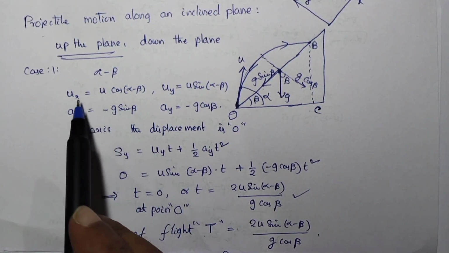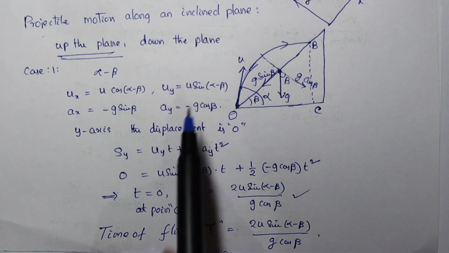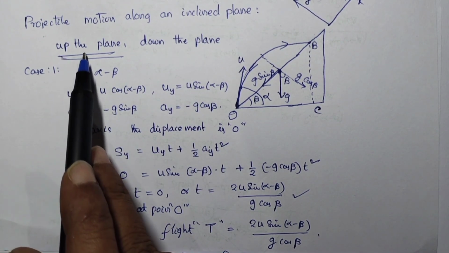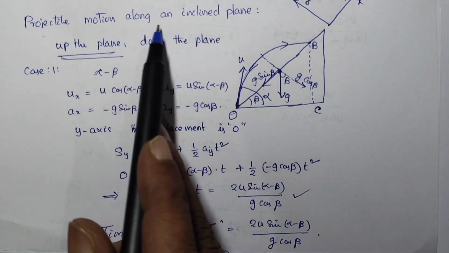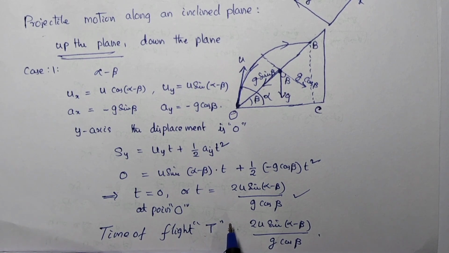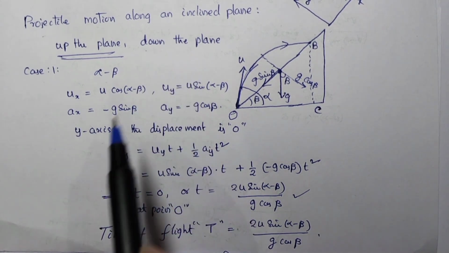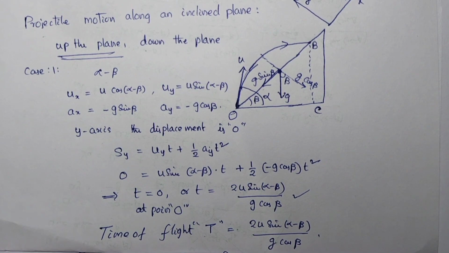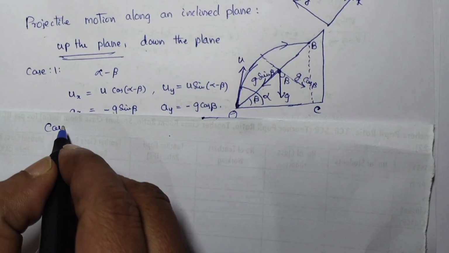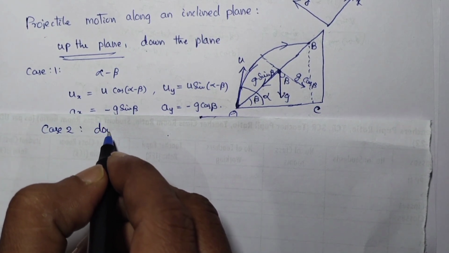So students, let us see case 2. In case 1 we have seen projected motion up the inclined plane, and we have found the time of flight and the range. But let us go to the second case, case 2, down the plane.